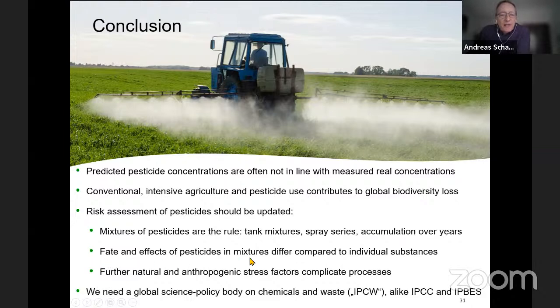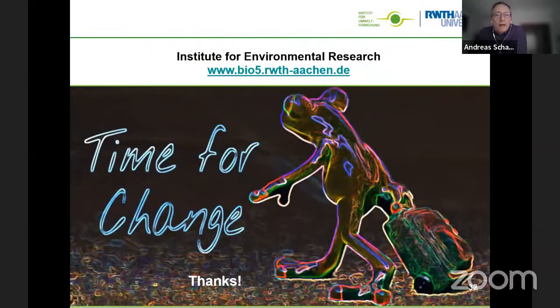Fate and effects of pesticide mixtures differ compared to individual substances. Further natural and anthropogenic stress factors complicate processes. And finally, we need a global science policy body on chemicals and waste, like IPCC and IPBES. And with this, I'm finished, and I thank you for your attention.